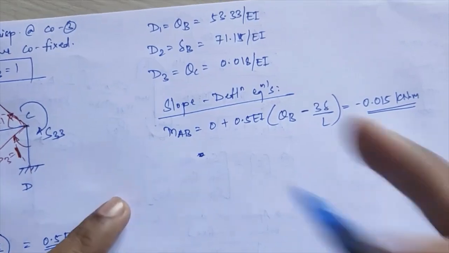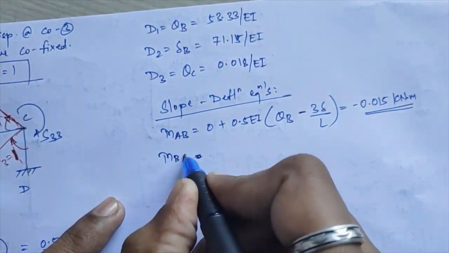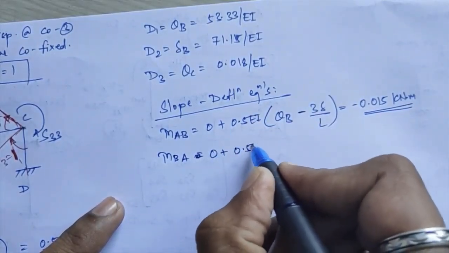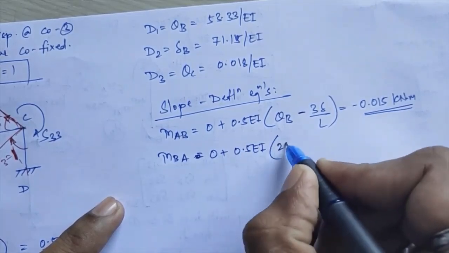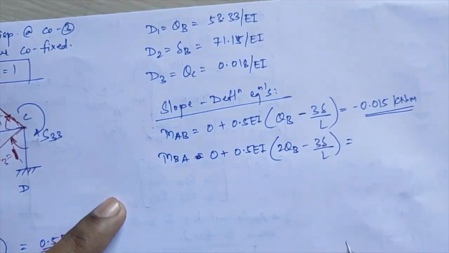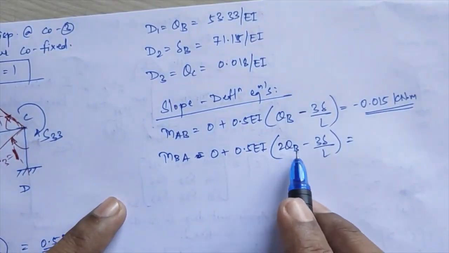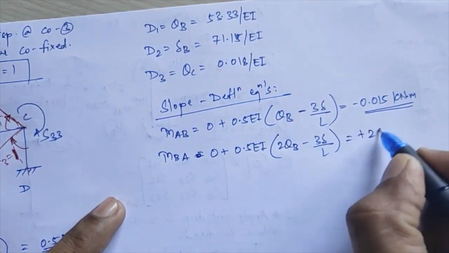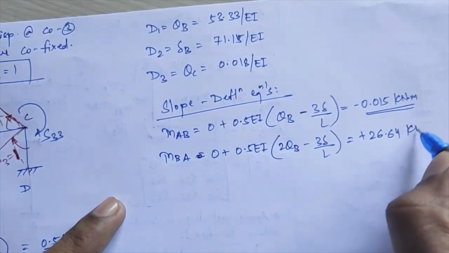Okay, next M BA. For M BA, MF BA again 0 plus 0.5 EI. This I'll get as 2 theta B minus 3 delta upon L. So again if you substitute this L and theta B and delta values, this I am getting as plus 26.64 kilonewton meter over there.